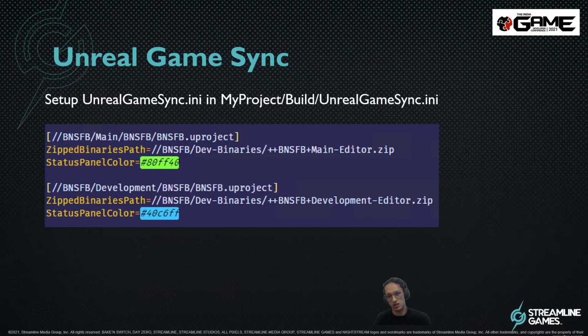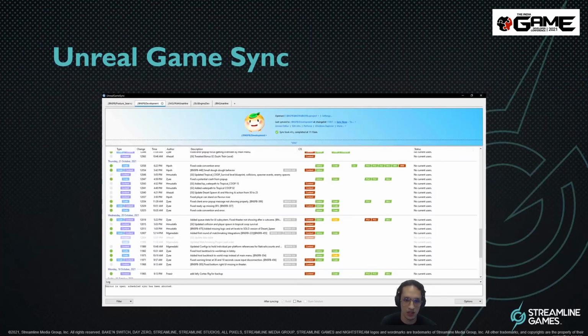So when Unreal Game Sync changes, the interface will change as well. I think I can show that really quick. Like here you can see it's actually blue in color. That would indicate that we're on the development stream. It's a nice visual indicator to see if the Unreal Game Sync settings are actually sticking or not.